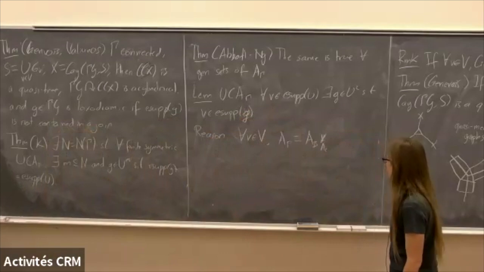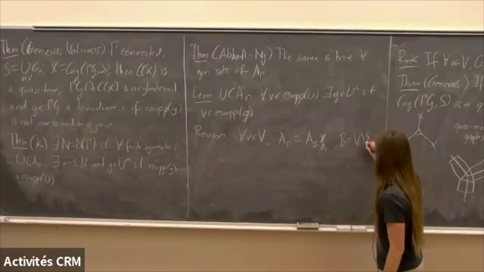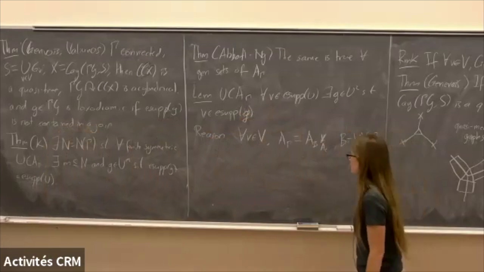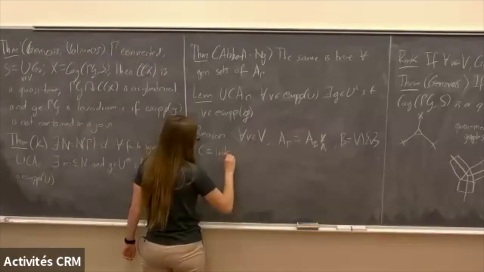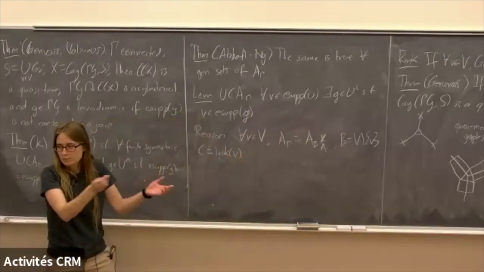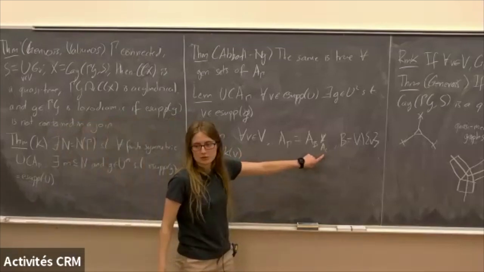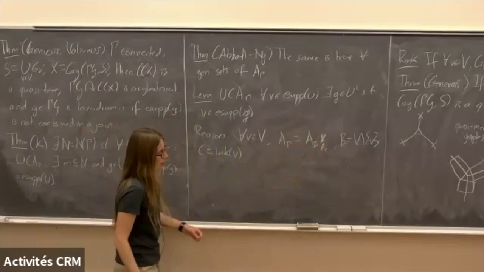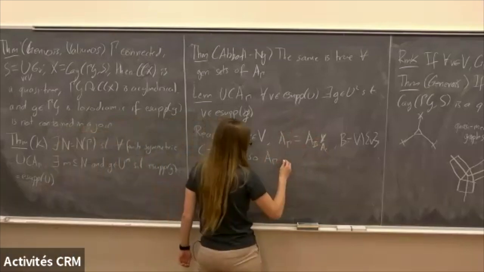Our group is an HNN extension. Here B is just all of the vertices minus this one, and C is the link. All we're doing is taking this vertex out and then putting it back in again. The only relations we need are that it commutes with everything in here. This is fine. So we get this action on the Bass-Serre tree.